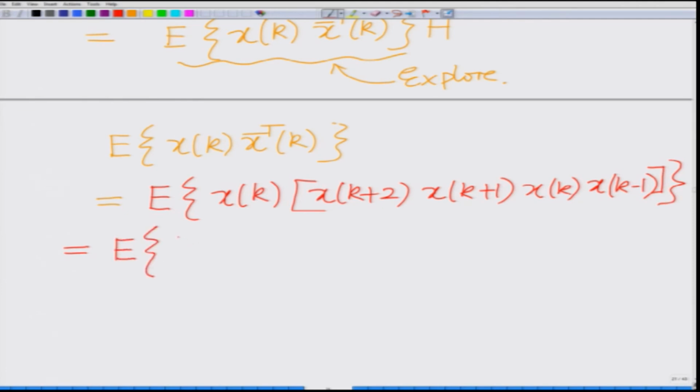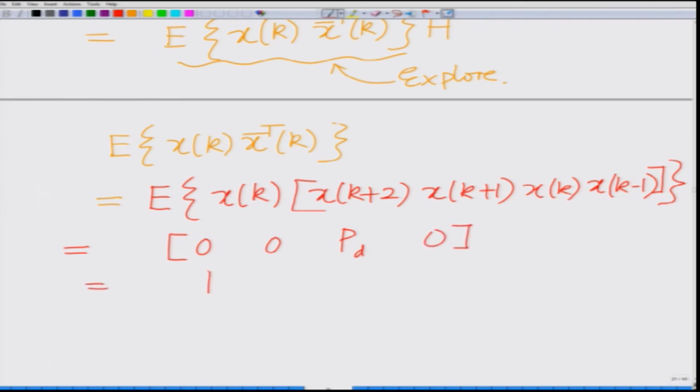If you expand this, you can see that all the terms except the expected value of x square k will vanish. Expected value of x k into x k plus 2 is 0, expected value of x k into x k plus 1 is 0, expected value of x square of k is P d, expected value of x k into x k minus 1 is 0.